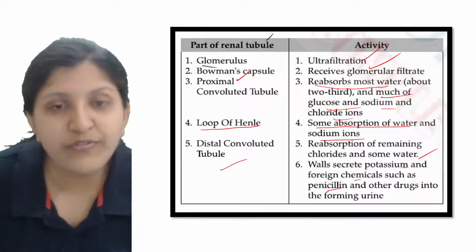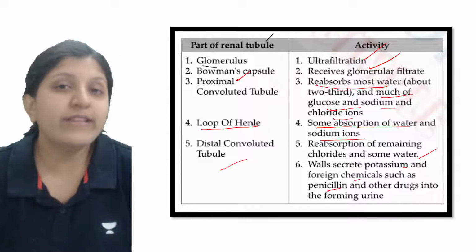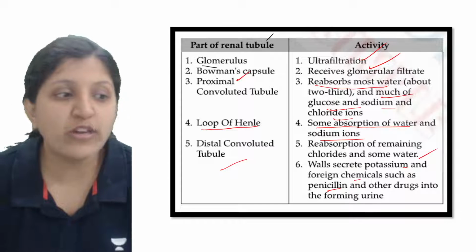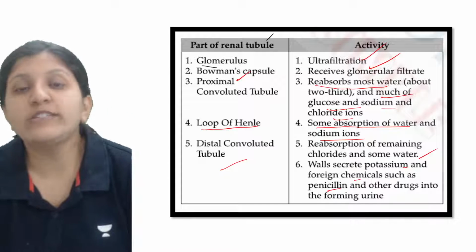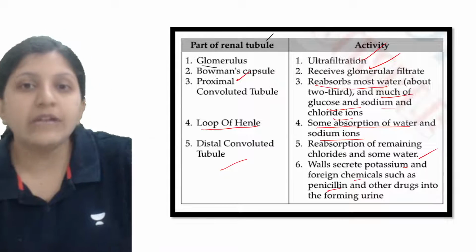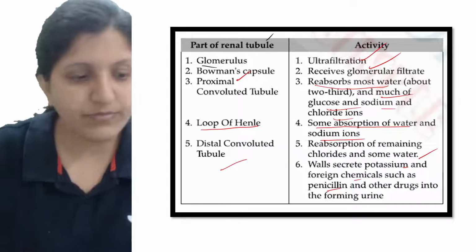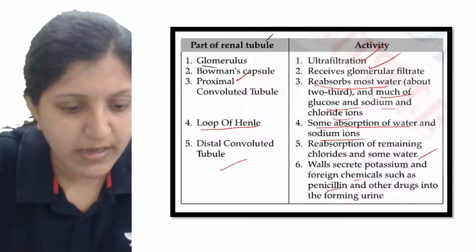Only after tubular secretion can we call this glomerular filtrate urine, because these three processes, ultrafiltration, reabsorption, and tubular secretion, have to be completed. Any doubt till this part?